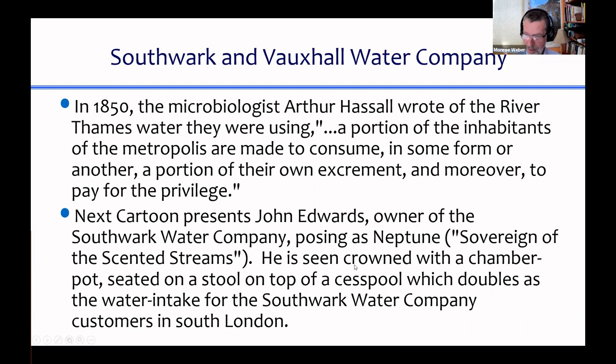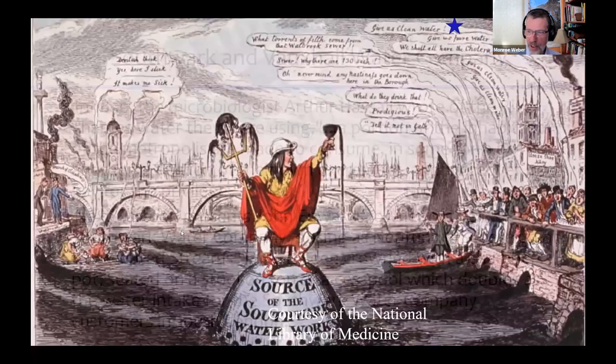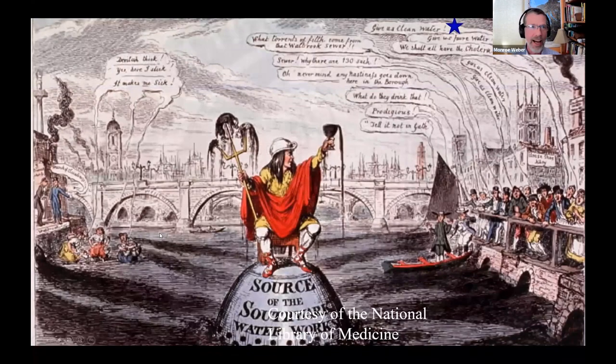So here's a cartoon about that, and I just want to highlight, you can see the black streams, which represent sewage getting dumped into the Thames River, and then Neptune is sitting on the intake for the water supply, showing all this excrement coming into that water supply.